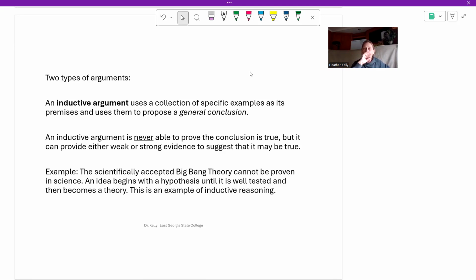It can be supported using an inductive argument because it goes from an idea with a hypothesis until that hypothesis is tested enough that it eventually becomes a theory. So it's not tangible.